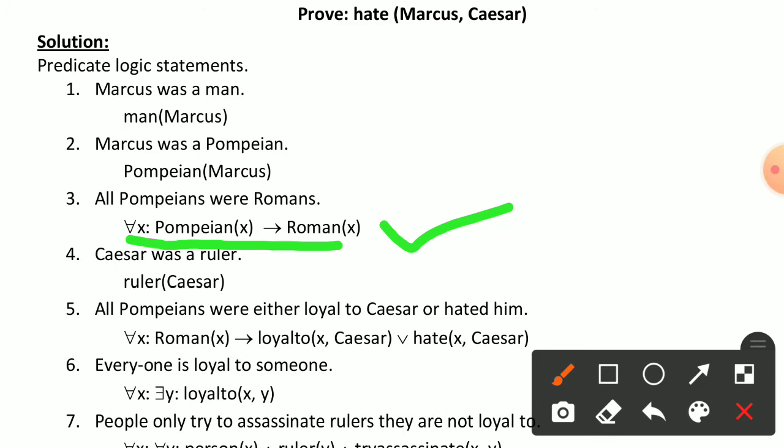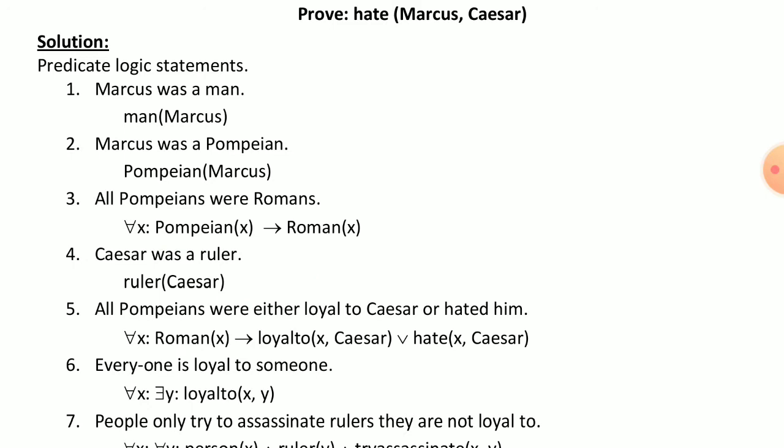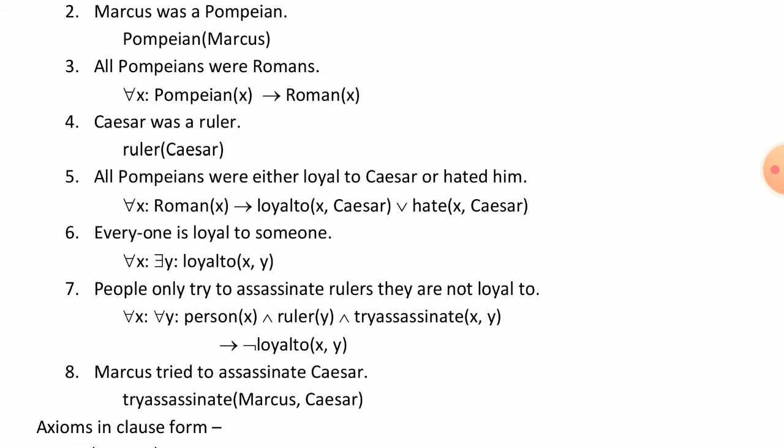Now fourth sentence is Caesar was a ruler. So we can write this statement like this, ruler in bracket Caesar. In the bracket we can write the different objects.